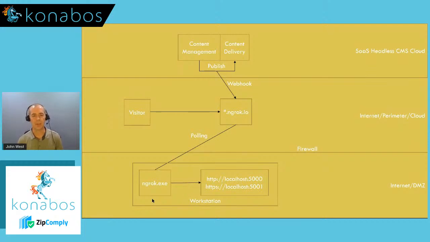So in the case of this demo, it's going to call ngrok, and the visitor is going to be accessing my ngrok URL. And then we've got ngrok.exe running on my workstation, and it's forwarding requests on the secure and unsecured ports to my local host. So we have to do a little bit of infrastructure to get webhooks functioning in this environment.